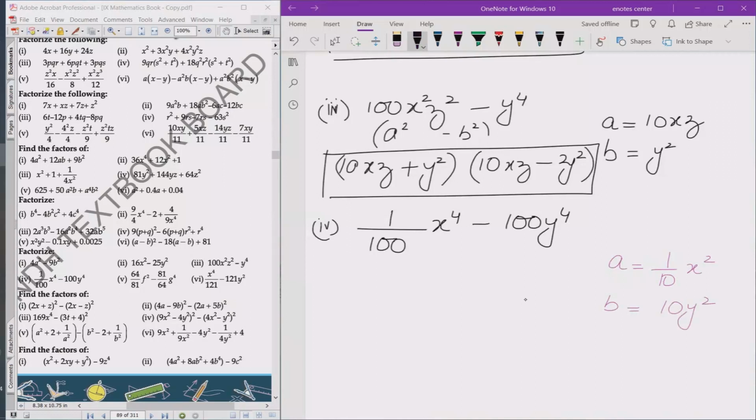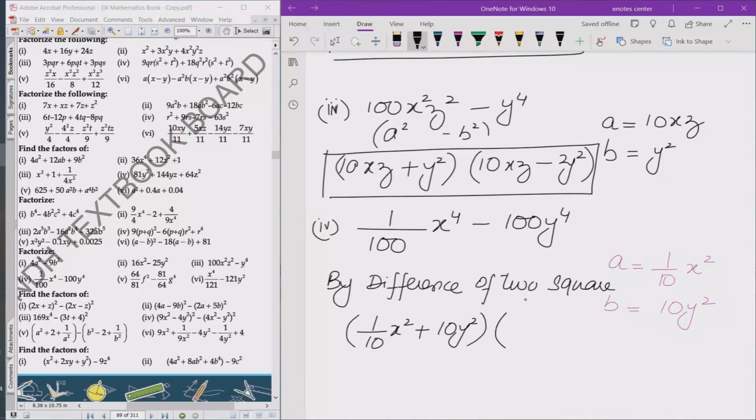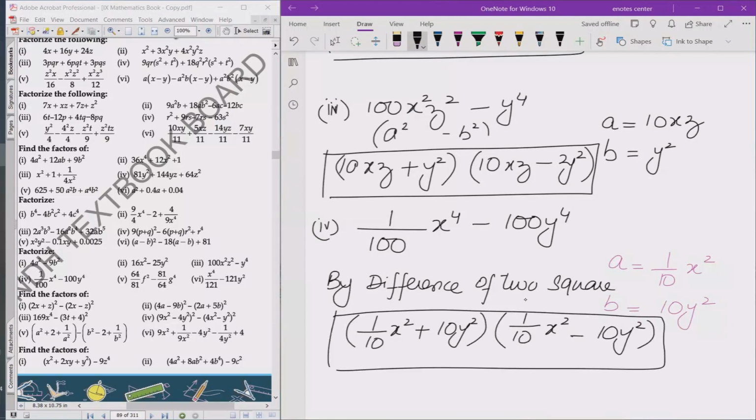So we can write by the difference of two squares: 1 upon 10 x square plus 10 y square, times 1 upon 10 x square minus 10 y square. So this is the answer of this question.